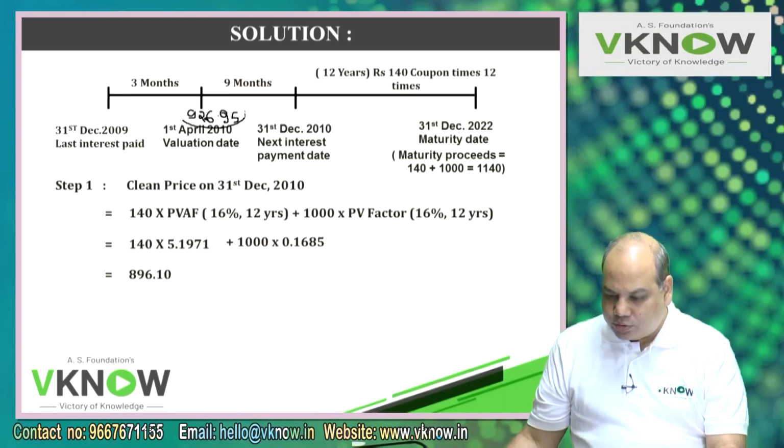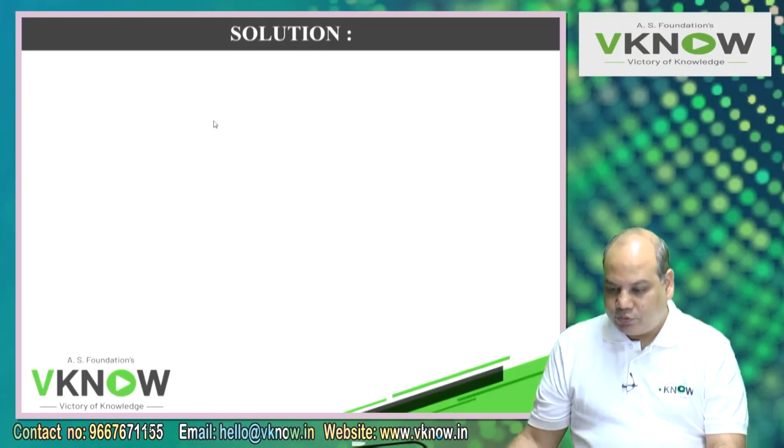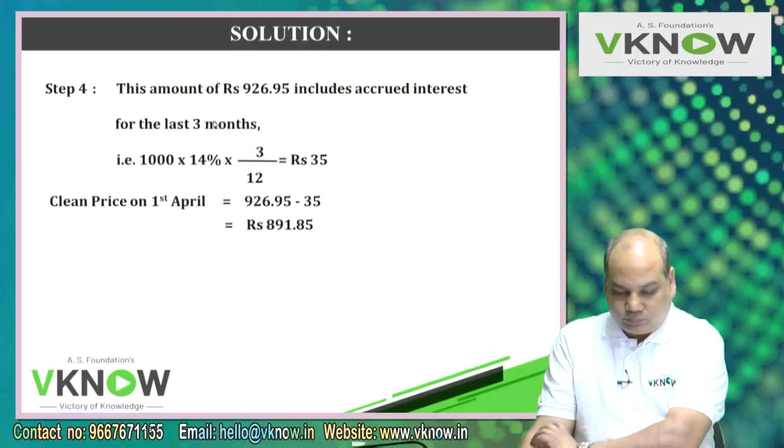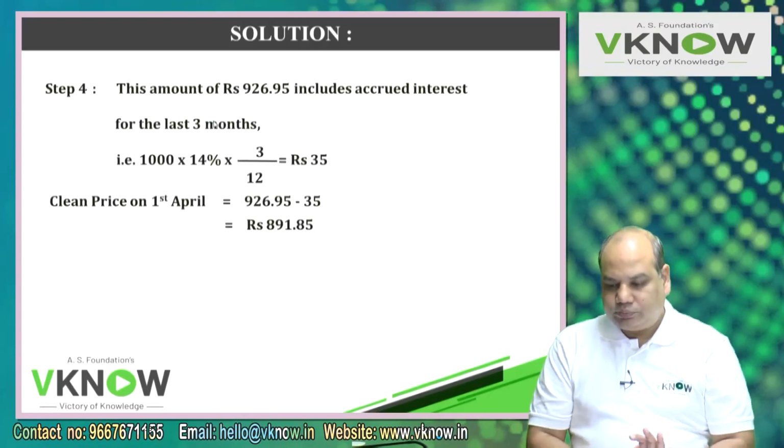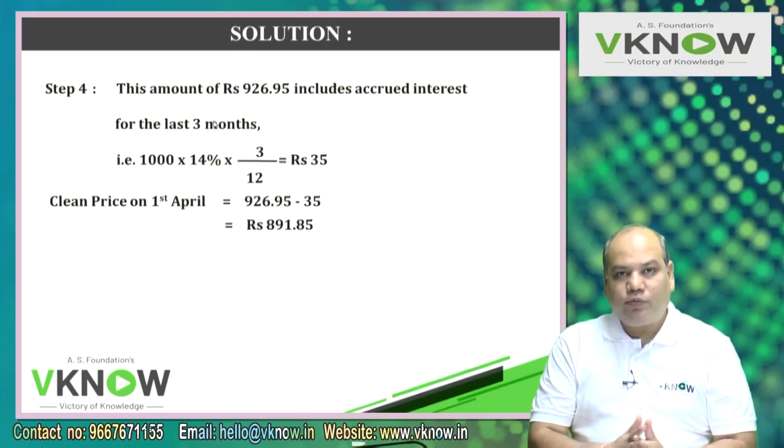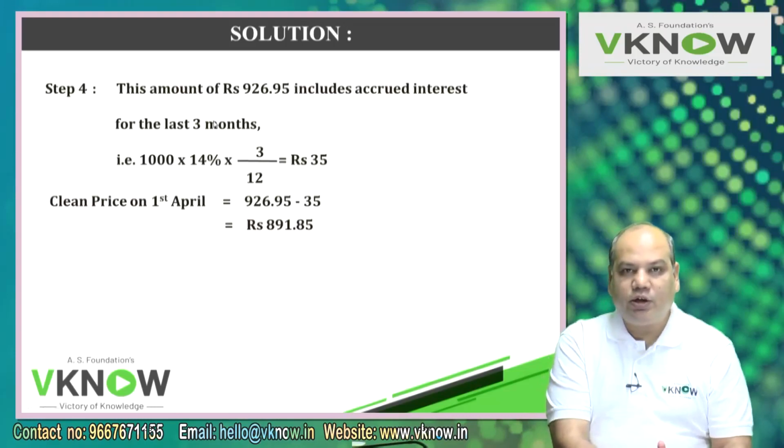This includes interest accrued for 3 months. So I will remove the interest accrued for 3 months. That will give me clean price. So write down step number 4, the last step. This amount of rupees 926.95 includes accrued interest for last 3 months.